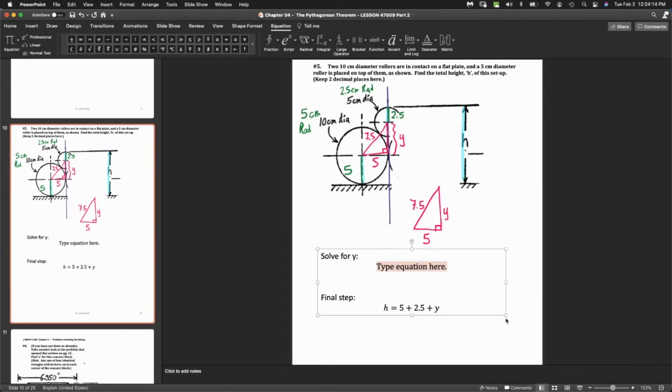So we can use the Pythagorean theorem. In this case, what's the longest side on this triangle? Which of these numbers is the largest side? Thank you. So make sure that you put that by itself.